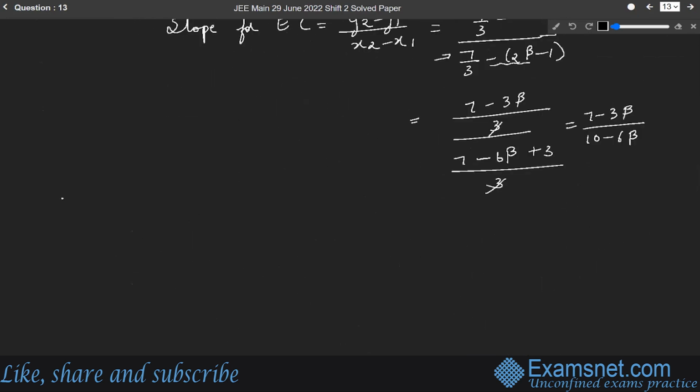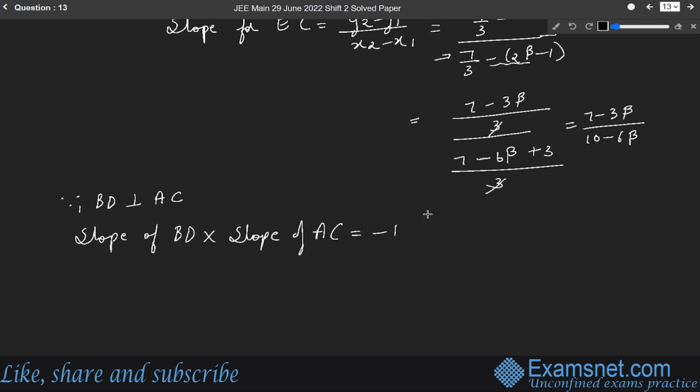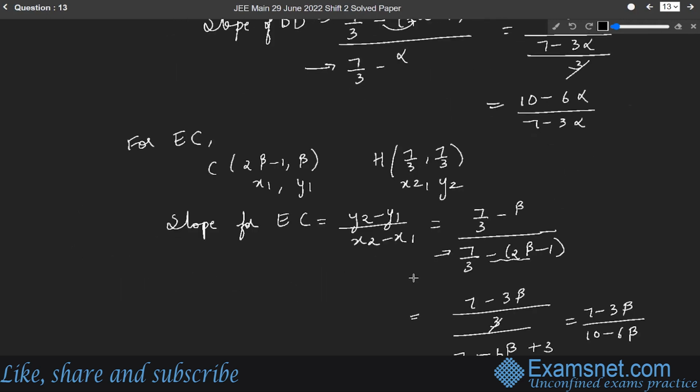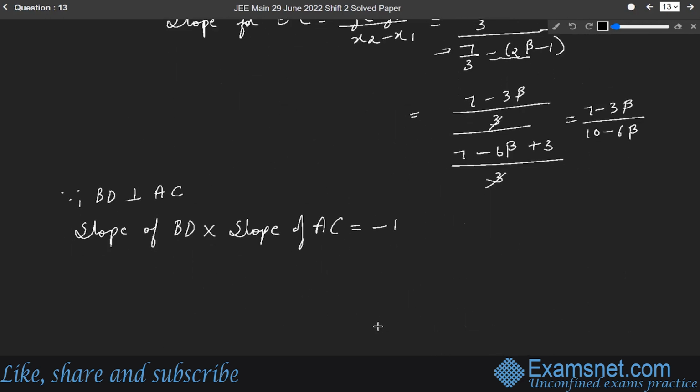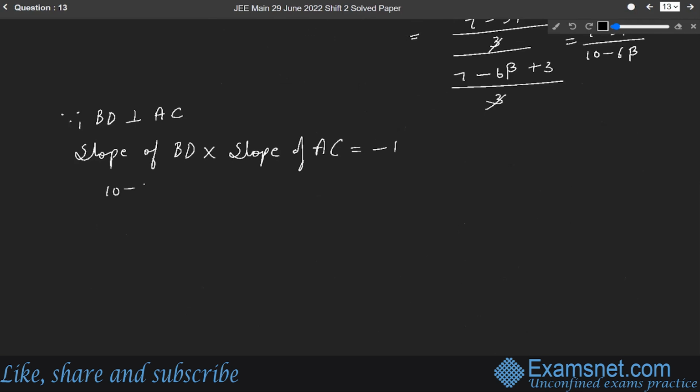So we can write that since BD is perpendicular to AC, slope of BD into slope of AC will be equal to minus 1, right? It means that the product of their slopes will be equal to minus 1. Now, what is slope for BD? It is 10 minus 6 alpha upon 7 minus 3 alpha. So 10 minus 6 alpha upon 7 minus 3 alpha multiplied by slope for AC.